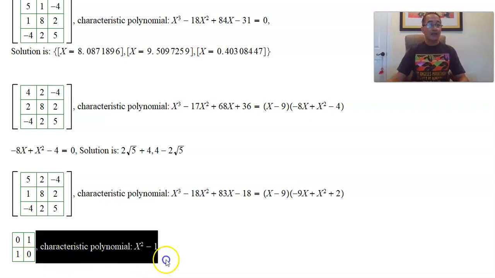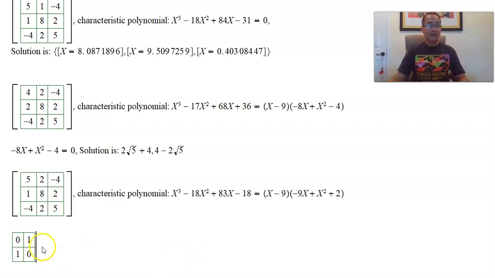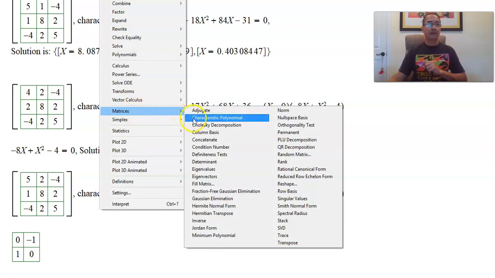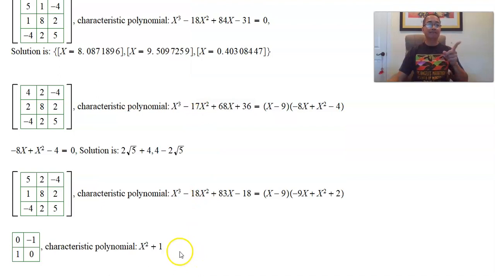Speaking of plus or minus 1, what if we turn this into a minus 1? No longer symmetric. Compute matrices characteristic polynomial. That no longer has real roots. The roots are plus or minus i.